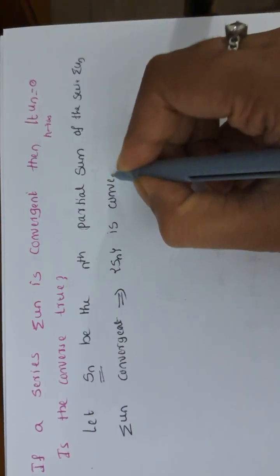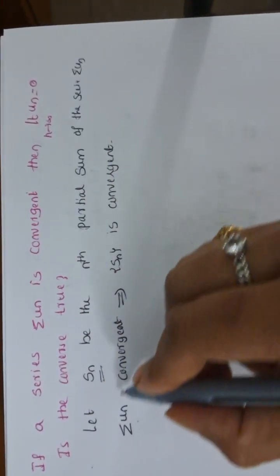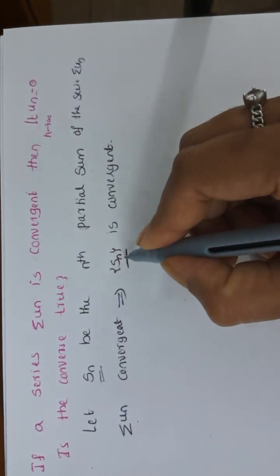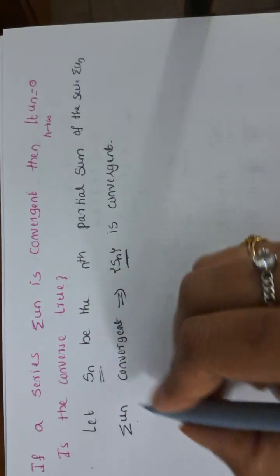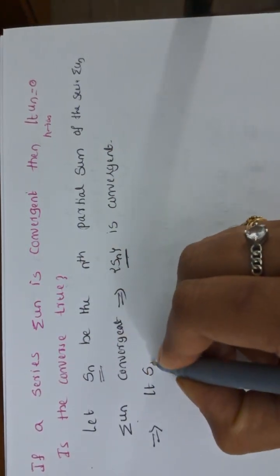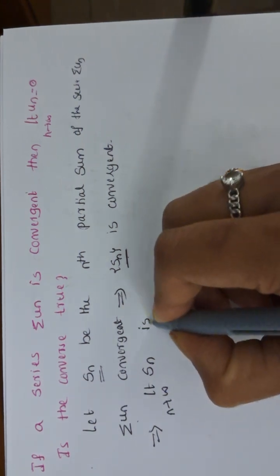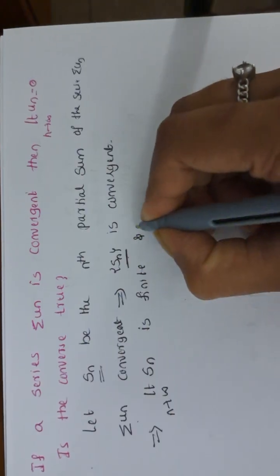So when the series is convergent, then the partial sum of that series is also convergent. Now this implies that limit Sn as n tends to infinity should be finite, and it should be unique.